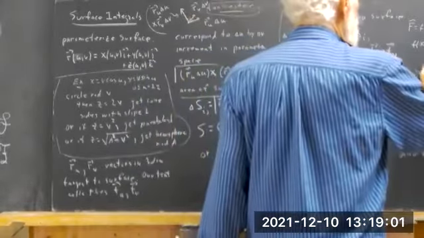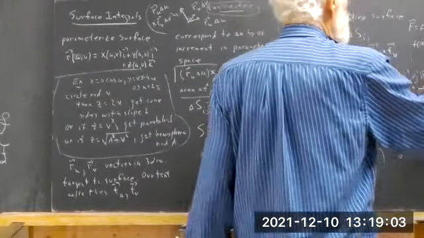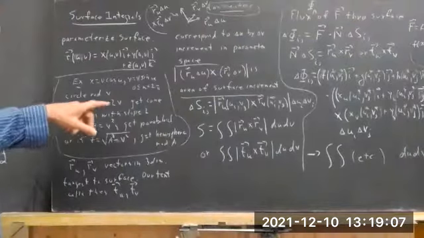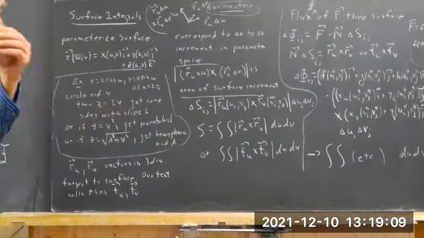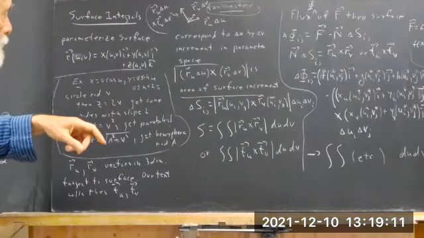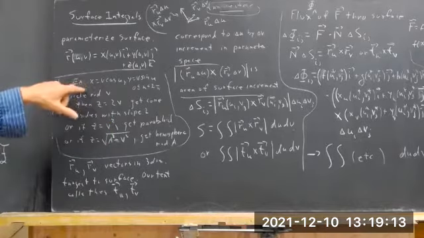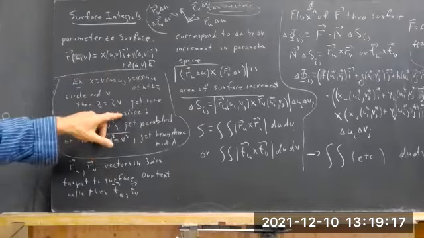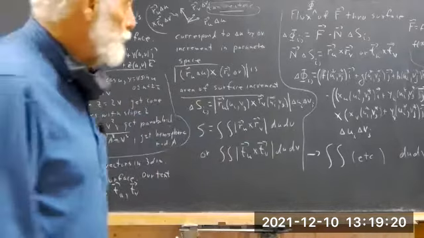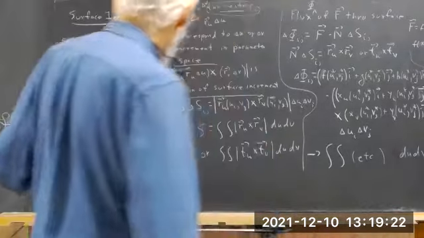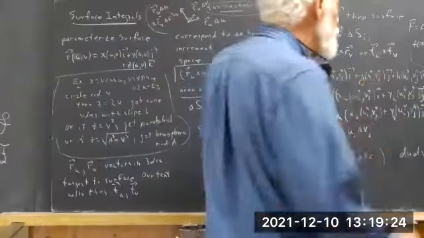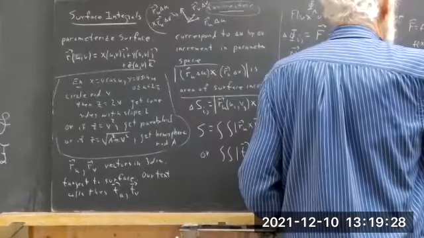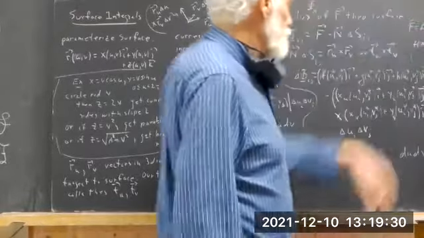Ultimately, if you plug in the expressions for u and v, if our x is v cosine u, y is v sine u, and z is 2v, as it will be in the example we do, then you plug those expressions in here, and now you have f as a function of u and v, and the same for g and h.